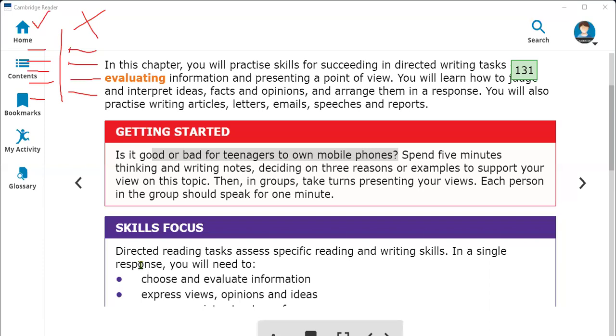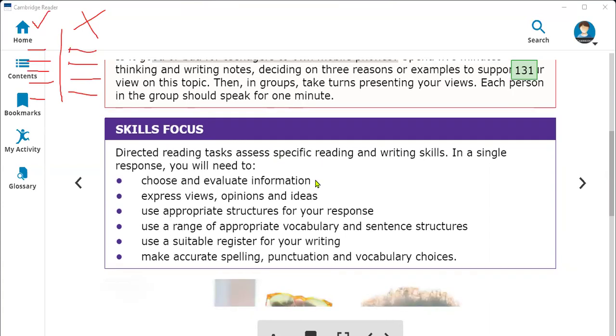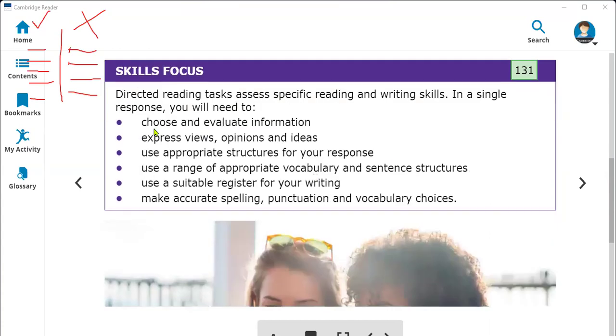Now, afterwards, when you have made your own viewpoints, you should see that directed writing is a task which is assessing your reading and your writing skill. So here you have to see what the information from the text is, you choose it and you evaluate it.